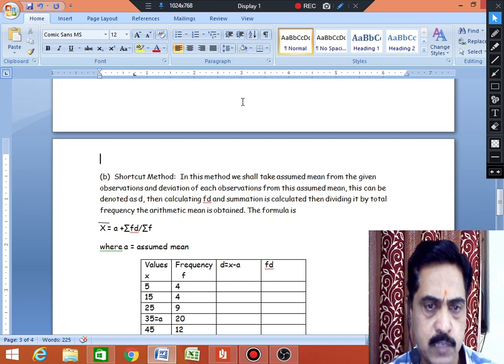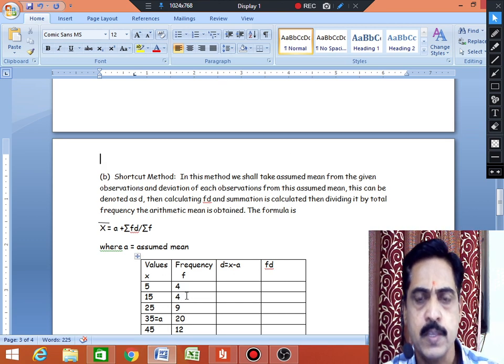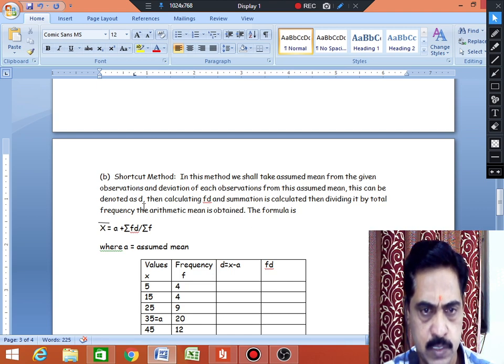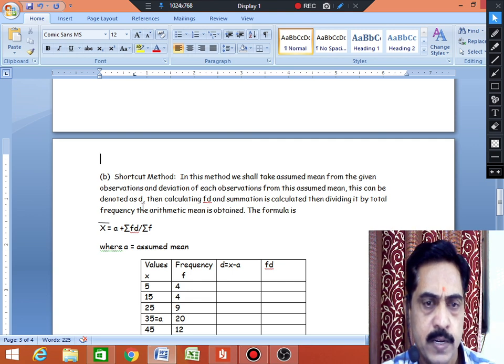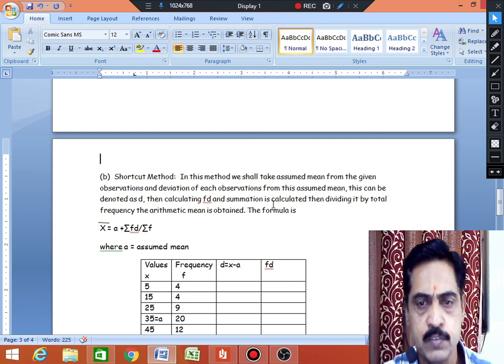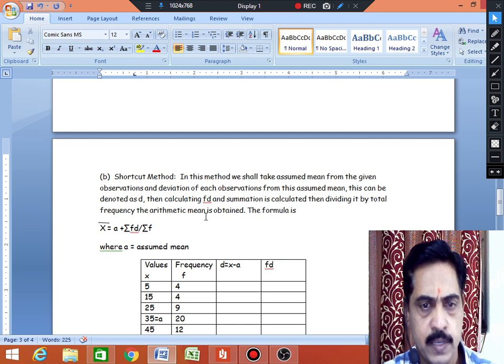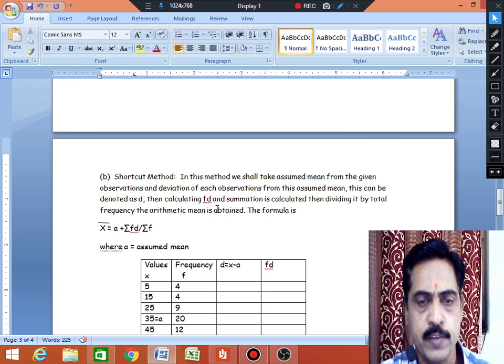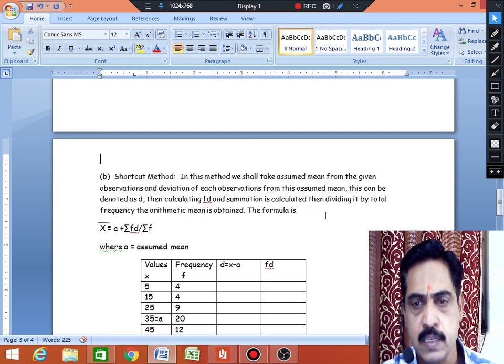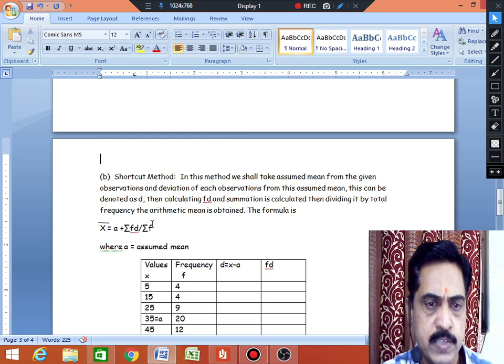In the shortcut method we take an assumed mean from the given observations, that is the x values, and find the deviation of each observation from this assumed mean, denoted as d. Then we calculate fd, the product of f and d, and its summation, and divide it by the total frequency to obtain the arithmetic mean.